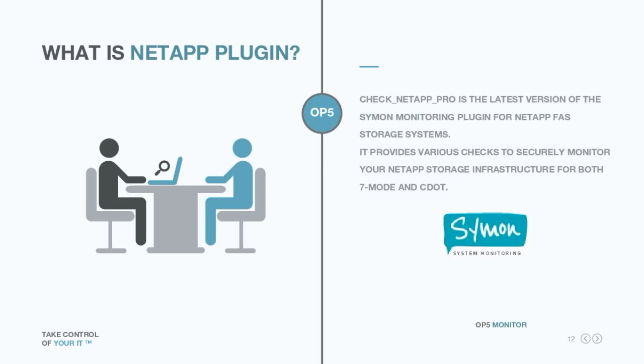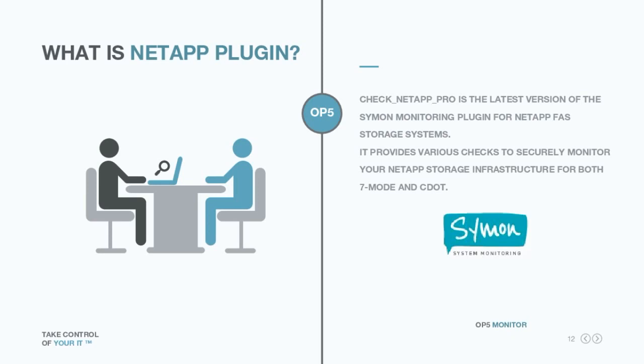So what is the NetApp plugin? We call it Check NetApp Pro. It's the latest version of this Simon monitoring family made by Quorum, and it's used for these fast storage systems. The AFF and other systems which have ONTAP as the operating system can be used.